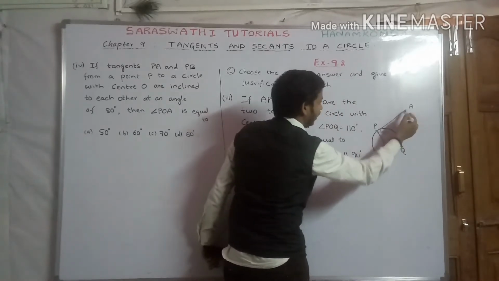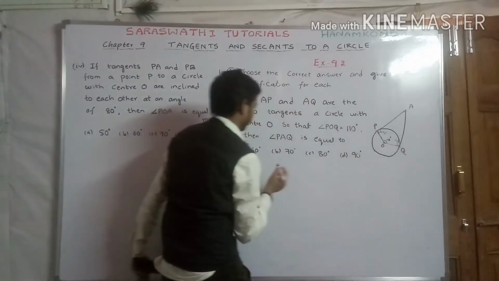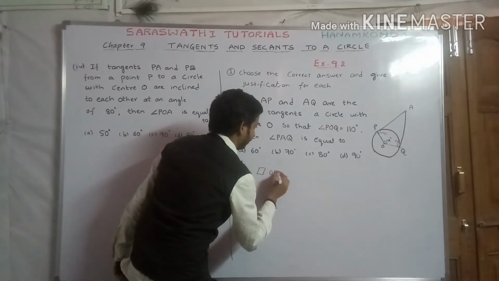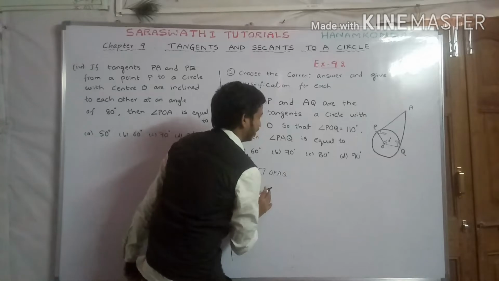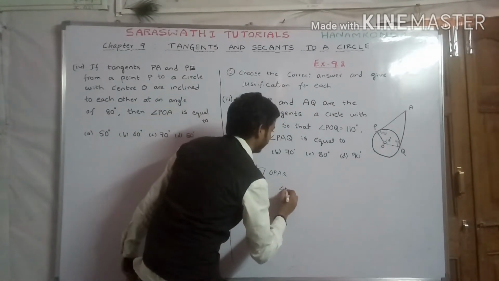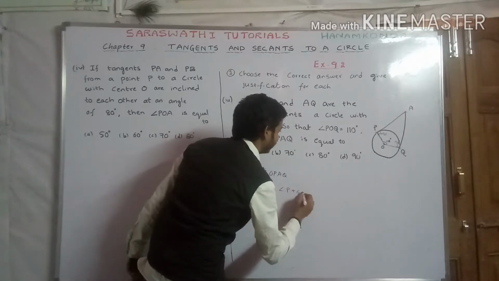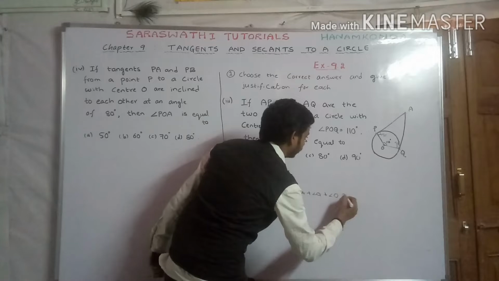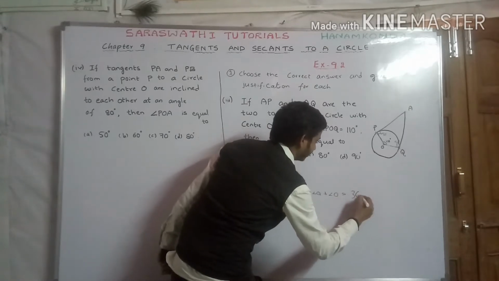Now OPAQ is a quadrilateral. We know that the sum of angles in a quadrilateral is 360 degrees. That means angle P plus angle A plus angle Q plus angle O equals 360 degrees.